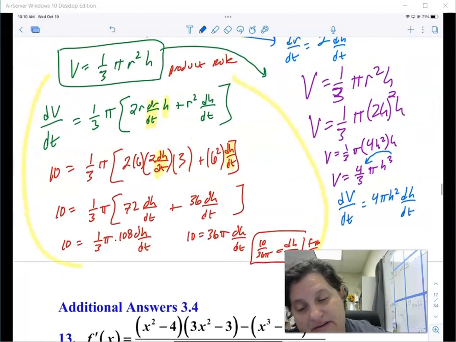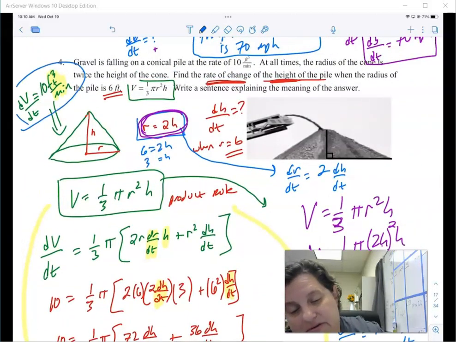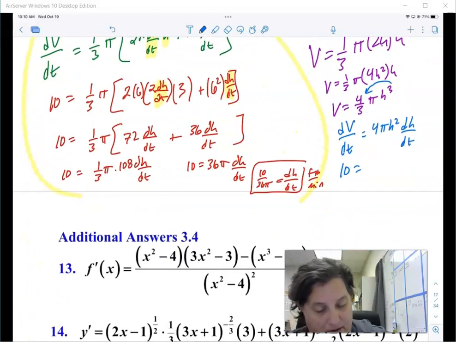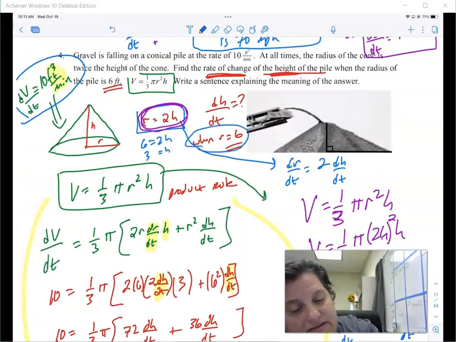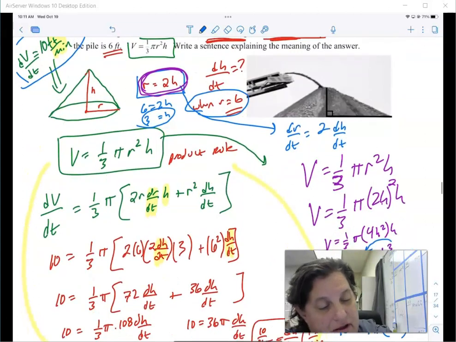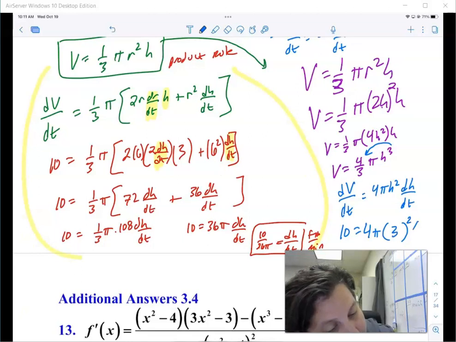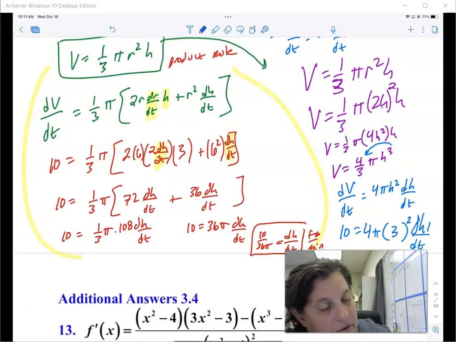I already knew that dV/dt, because they gave it to me in the beginning, was 10. And then, I don't know what h is, but the same thing, when r is 6, if I plug it in, h is 3. So I get 10 equals 9 times 4, 36 pi dh/dt. So dh/dt is 10 over 36 pi feet per minute.